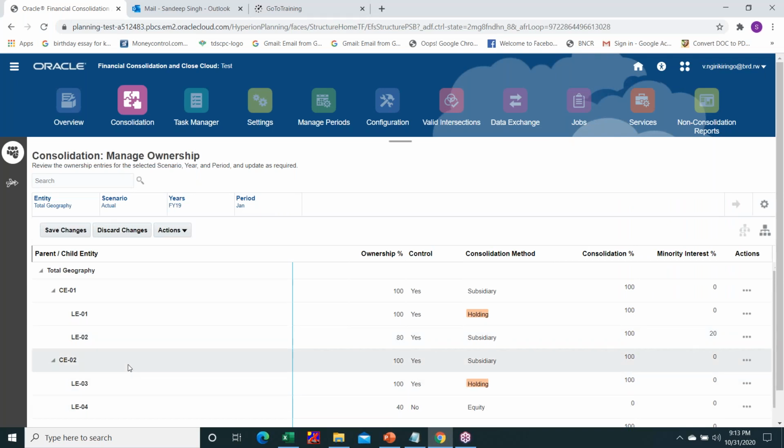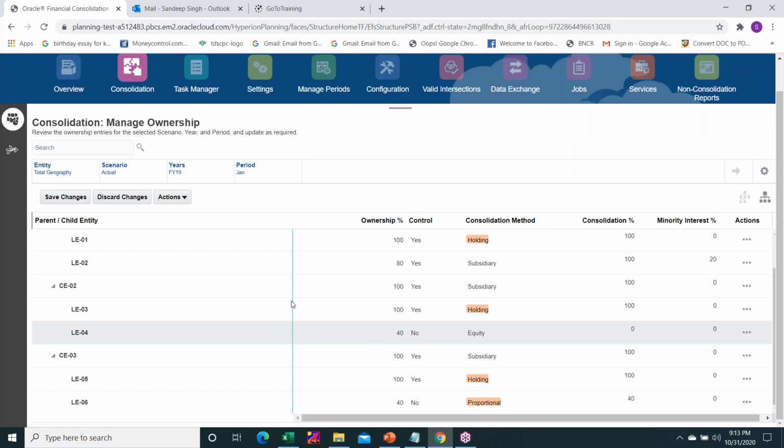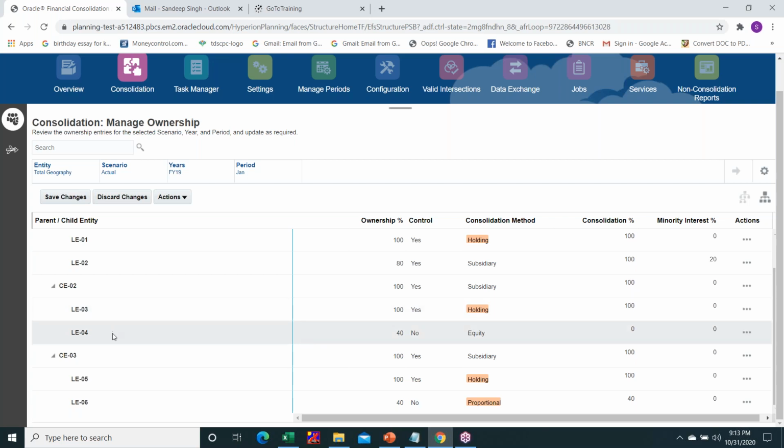This time we have the ownership by 40%. So here also you see that we have the CE02. Under this we have two children, legal entity 03 and legal entity 04. This is my parent company and this is my subsidiary.